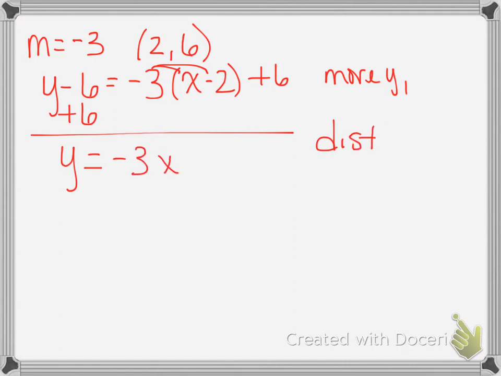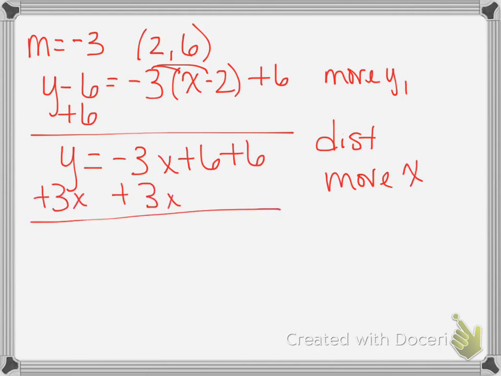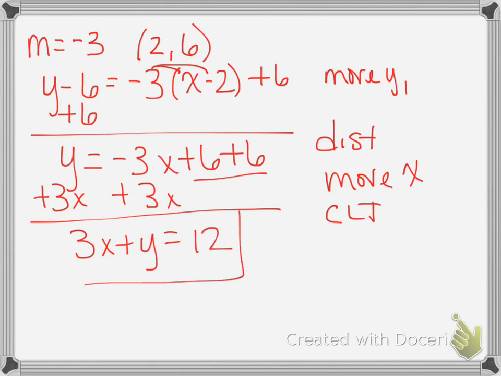Negative 3x plus 6 plus 6. I'm going to move my x by adding it. 3x plus y, and I'm going to collect my like terms, equals 12. This is my standard form equation. So maybe Mrs. Ray bought 3 of one candy and 1 of another, and I spent $12. That is some expensive candy.